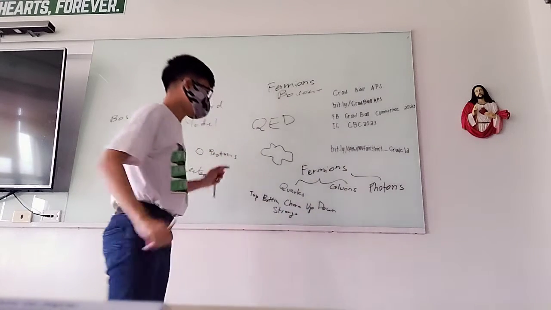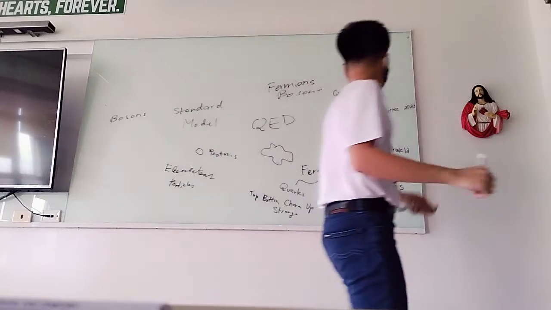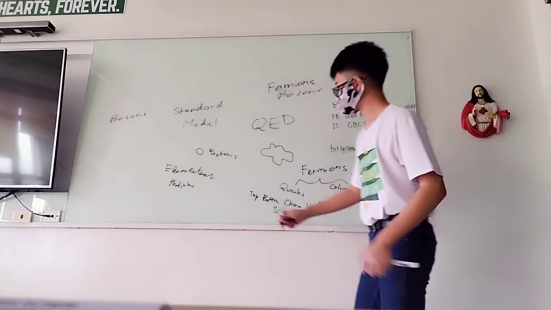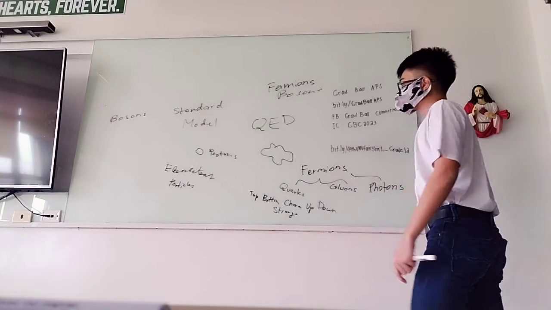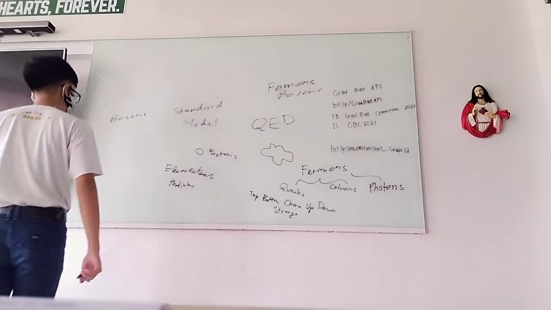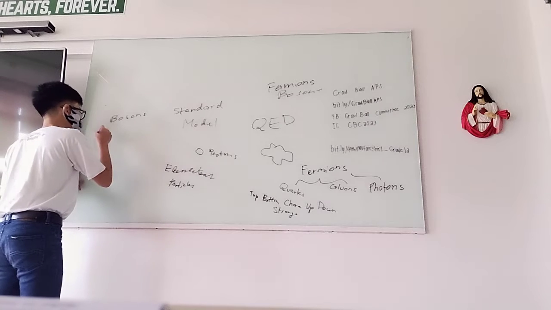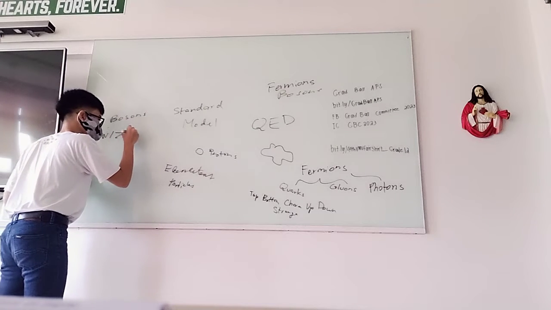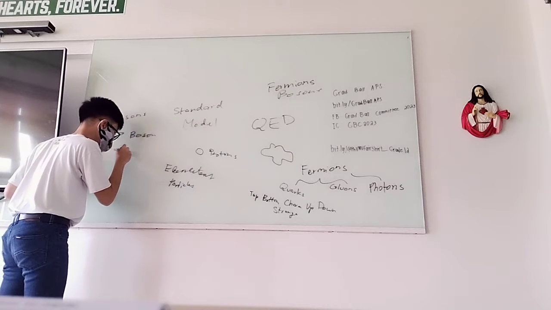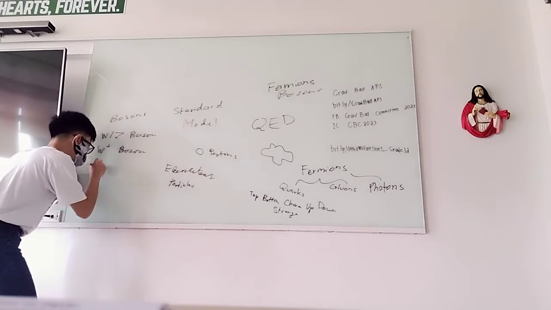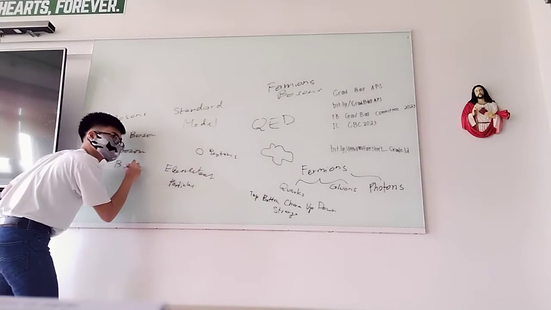But because I'm only going to be talking about tops and bottoms today, we're only going to be focusing on the top and bottom quarks. Now, there are many types of bosons here: the Z boson, the W plus boson, and the W minus boson.